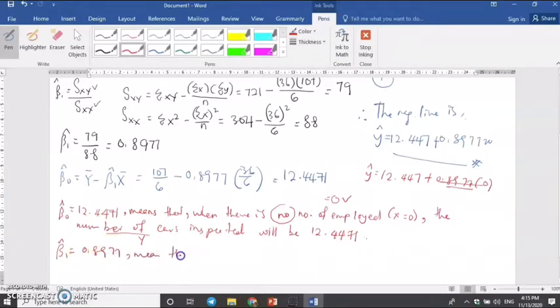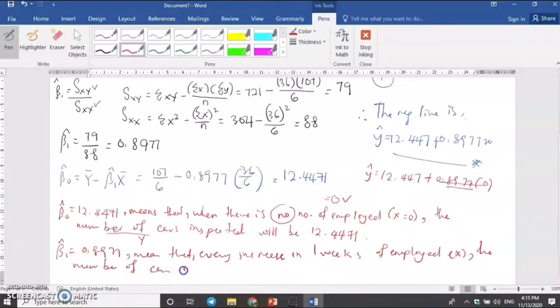So it means that every increase in 1 week of employed, which is our x, the number of cars inspected will be increased by 0.8977.